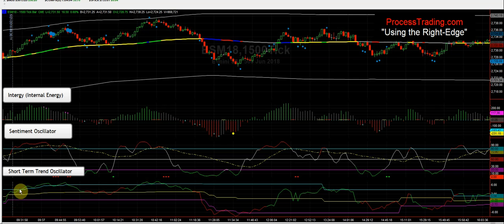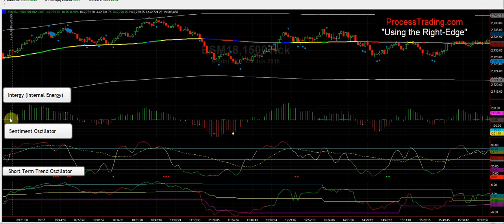So we saw that the short-term trend oscillator, which is unique because the boundaries to the oscillator change in accordance with the momentum and the movement and the demand. So when you see the short-term trend, which turned green here, start to slope up, that's another positive sign that you are in a trending situation. Just like down here, this is a positive sign that you're in a downtrending type of situation.